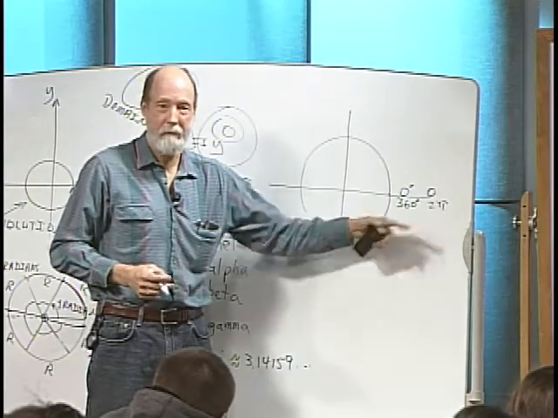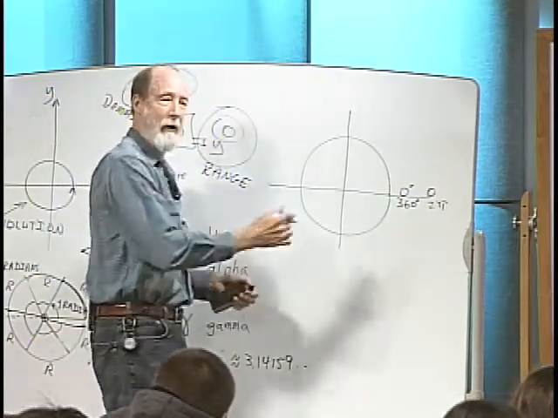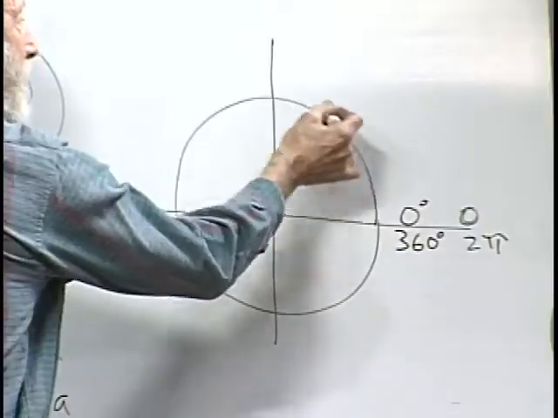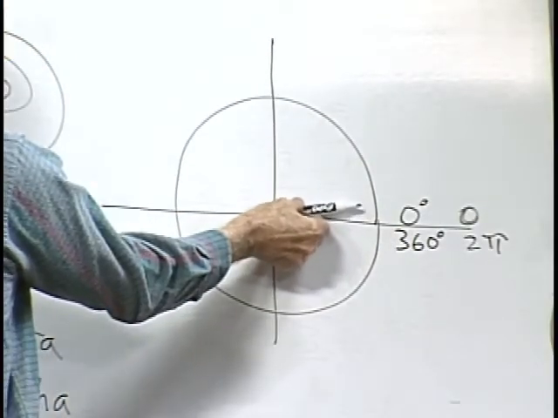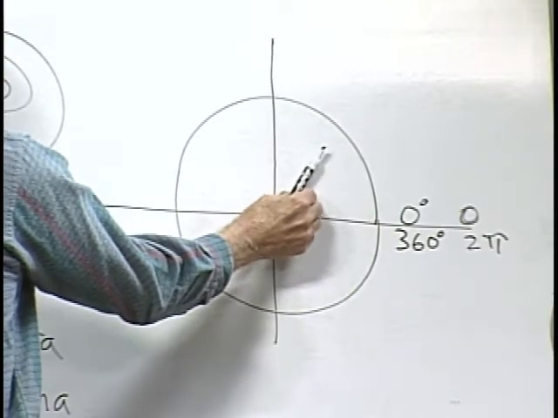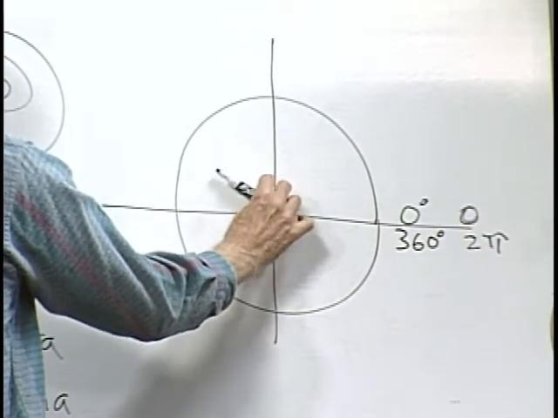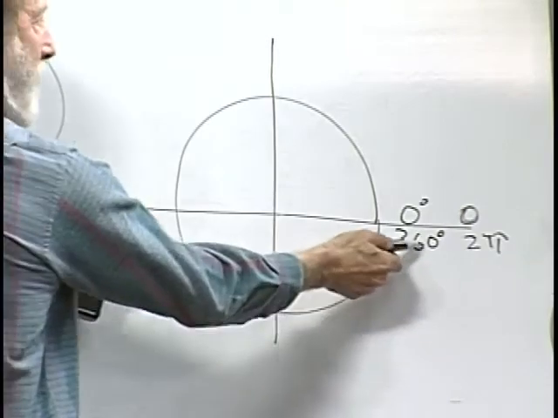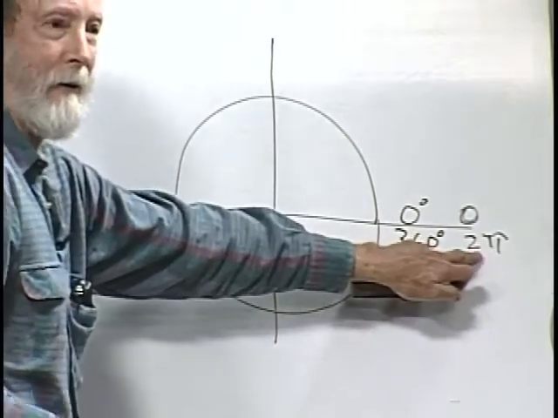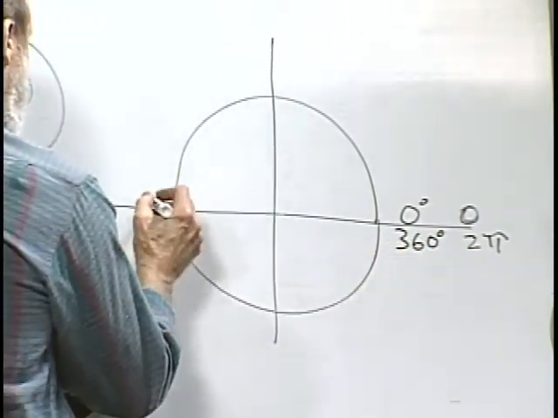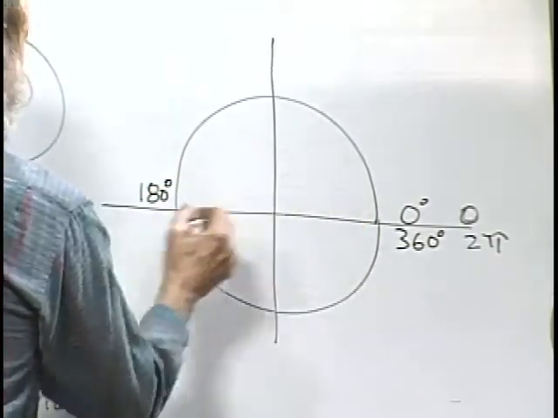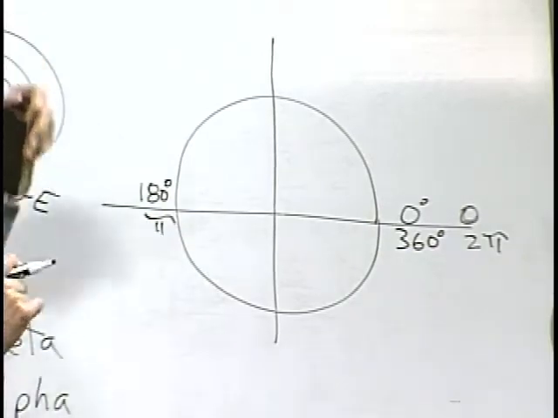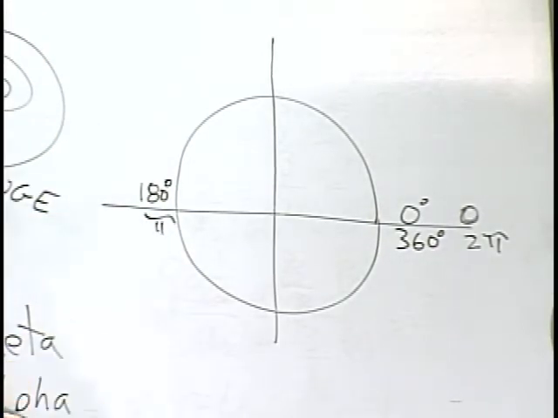Pretty obvious. If you cut that in half and measure positive angles, here's our initial side, here's our terminal side, my marker. We're sweeping around here. If we go halfway around, we've cut these ending values in half. So this is 180 degrees, and that's equivalent to pi radians.